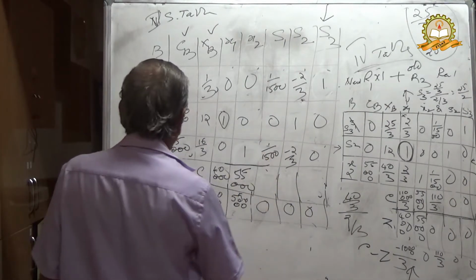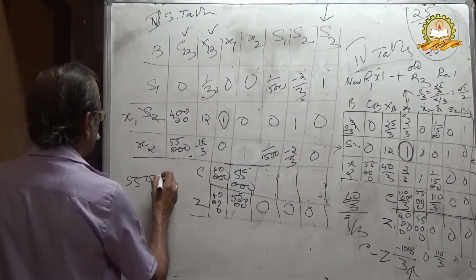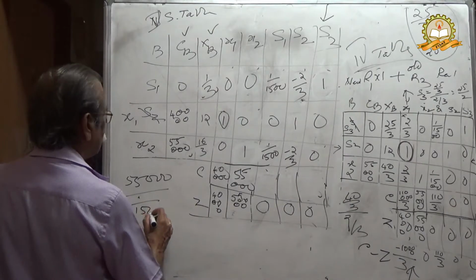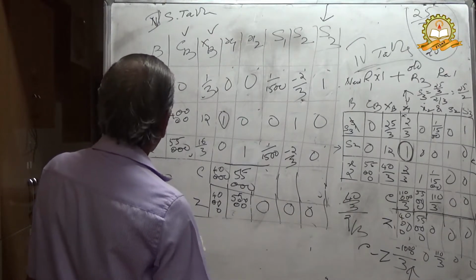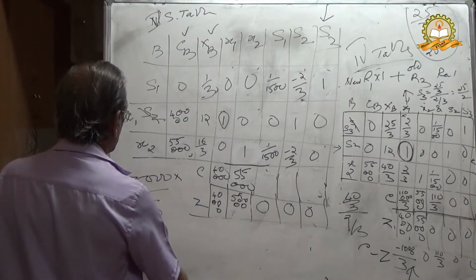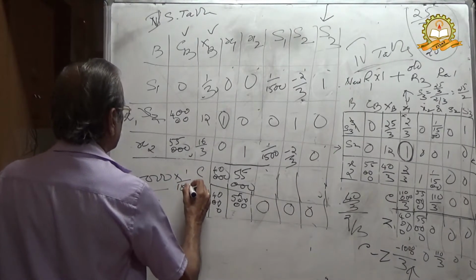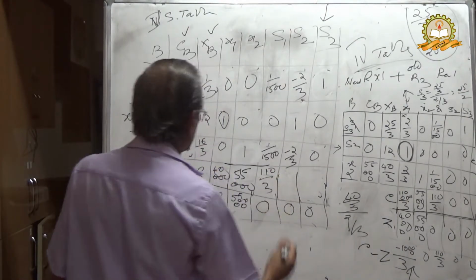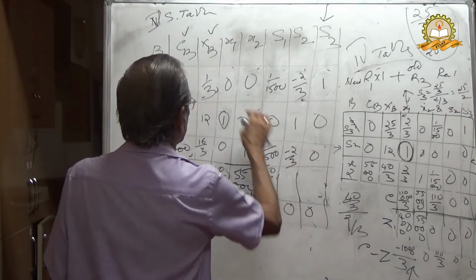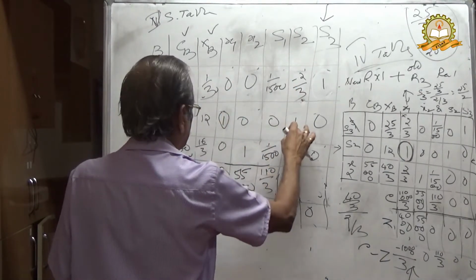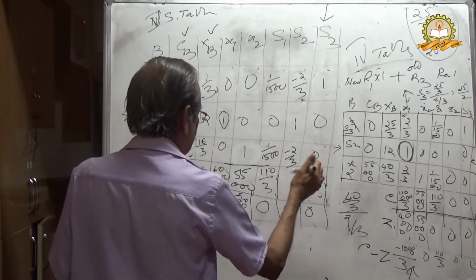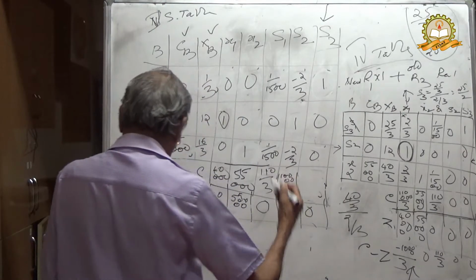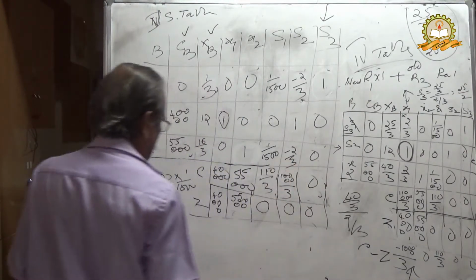Sorry, 55,000 into 1 by 1500 equal to 110 by 3. And this column will be this into 0. This comes 10,000 by 3, and here it is 0.